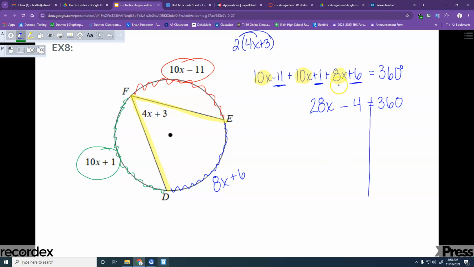Victor, once I get to this point, what would I do to solve that equation? I'll add that 4. So 28x is 364. And then divide by that 28. And somebody do that in the calculator for me. 13. So x equals 13.